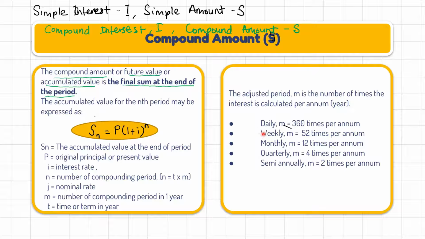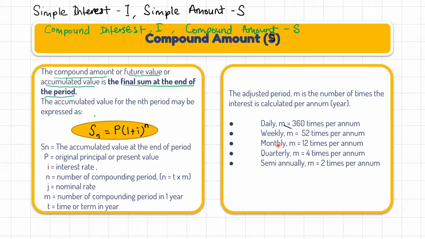If the question states compounded weekly, then your m will be 52 times per annum. And if the interest is compounded monthly, m is 12 times per annum.